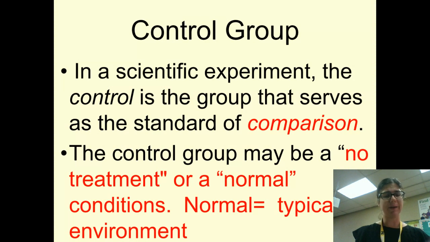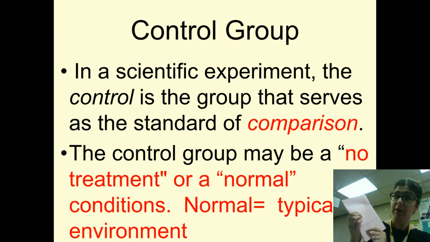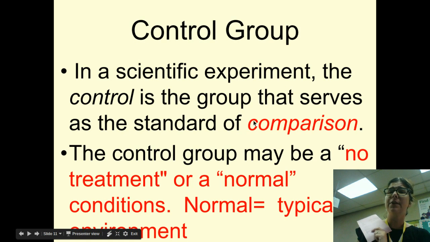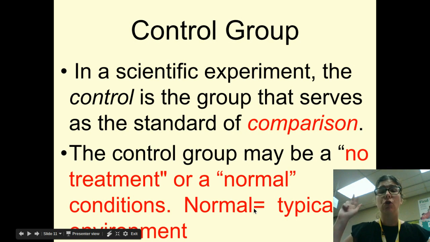The control group, and I know the box in here is very tiny for this amount of red. You can always write it below the box. That's okay. But you want to know that the control group is the group that we're comparing the experiment to, the comparison. Usually we can use words such as no treatment, or it's under normal conditions.